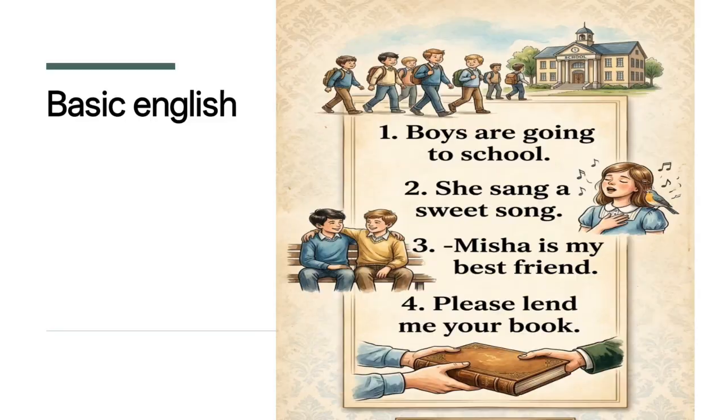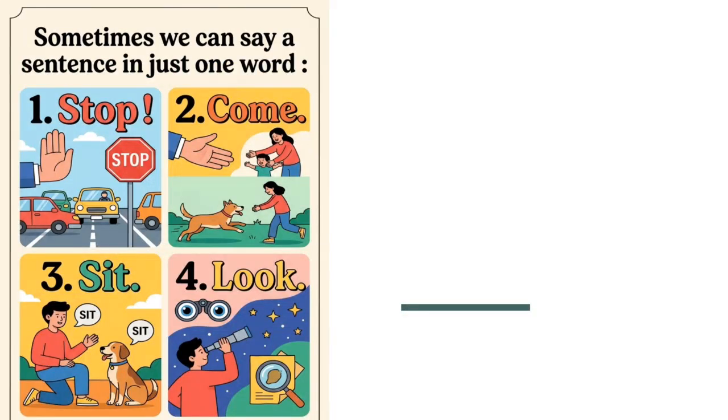But sometimes we can say a sentence in just one word, like stop, come, sit, look. Now let's understand how a single word can be a sentence. In English, a sentence needs a subject and an action to make complete sense. But sometimes when we give a command, I repeat, when we give a command or an order, the subject you is hidden.